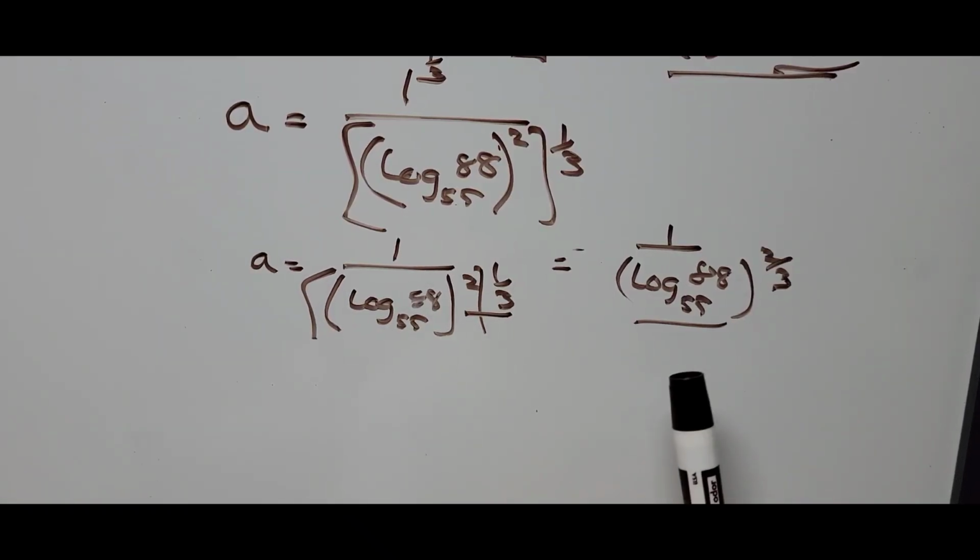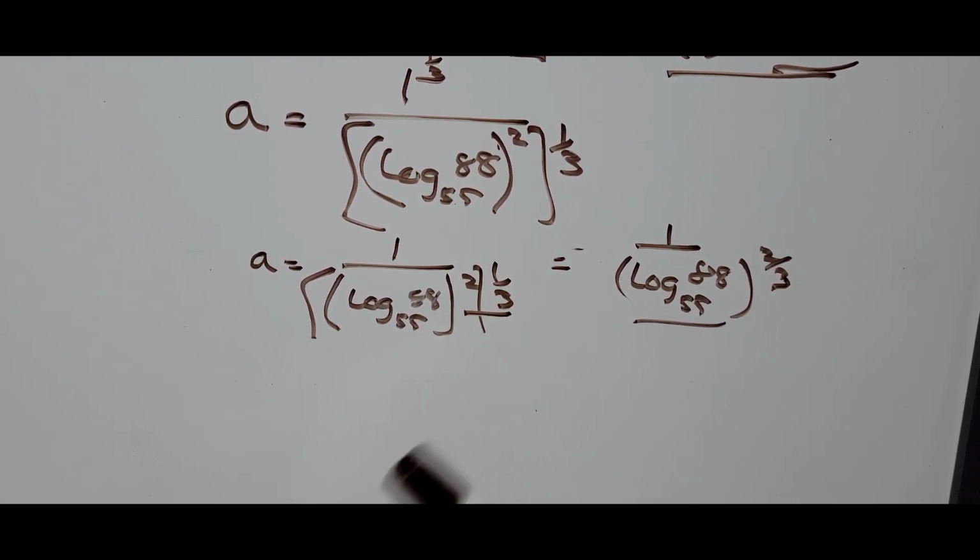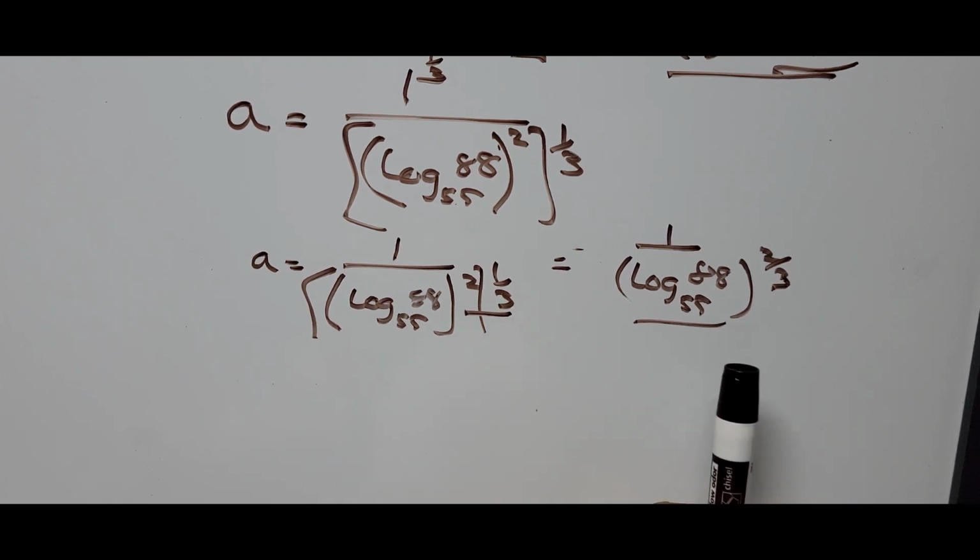And now we focus our attention on the denominator of the fractional part of the right side of the equation. This can be transformed to base 10 instead of base 55, since we don't have base 55 on our calculator for the sake of computation.